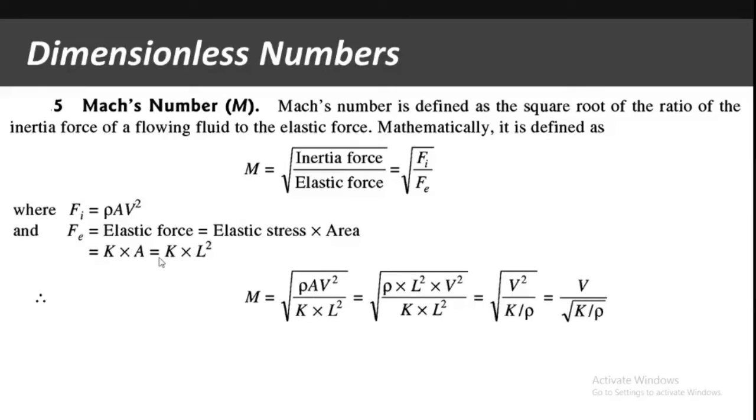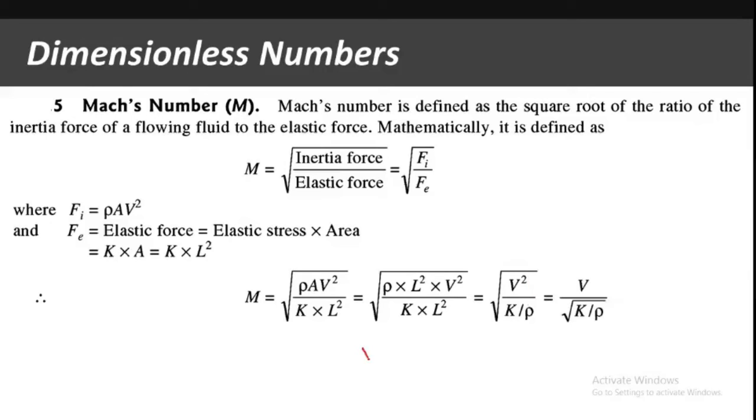Putting the values, Mach number denoted by M equals under root of rho A v square upon K into L square. Here area we can write as L square. So it is rho L square v square divided by K L square. So L square cancels, and you divide K by rho. So it is under root of v square upon K by rho, then square and root cancel. So it is v upon under root of K by rho.